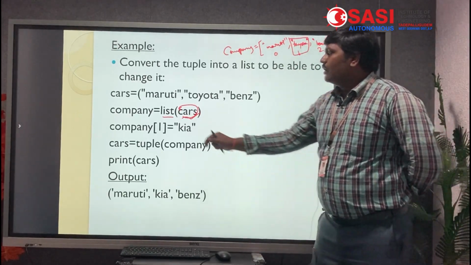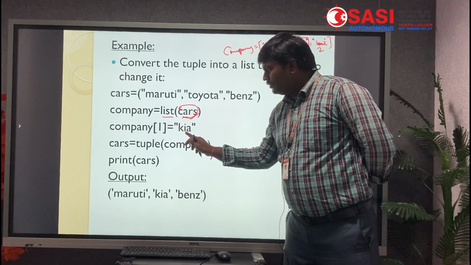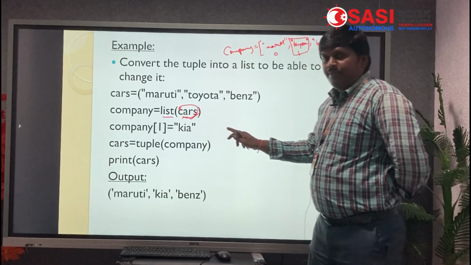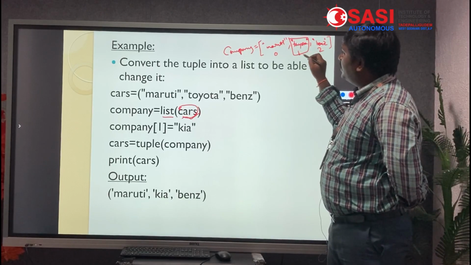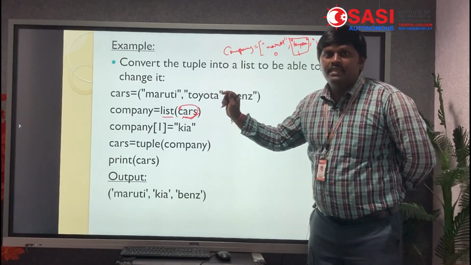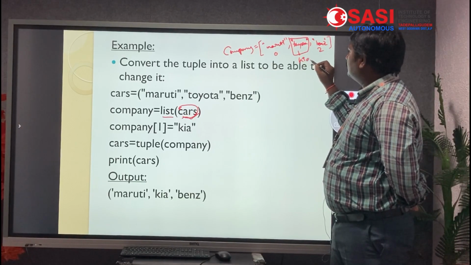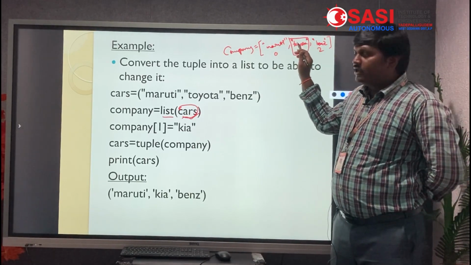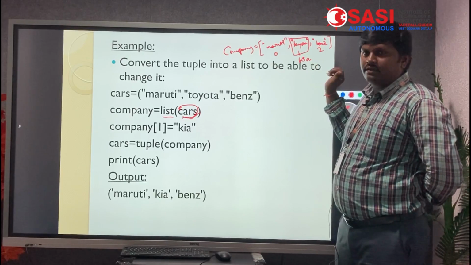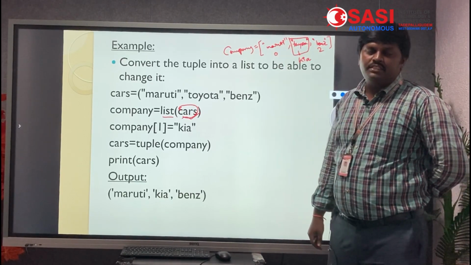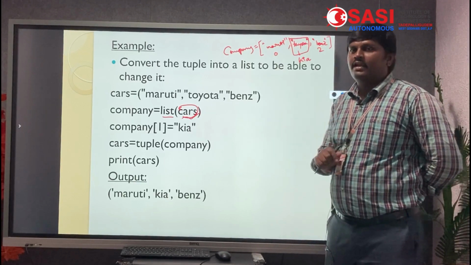Company of 1 is equal to Kia. That means in place of Toyota we are assigning Kia. It is changed because list items are changeable.